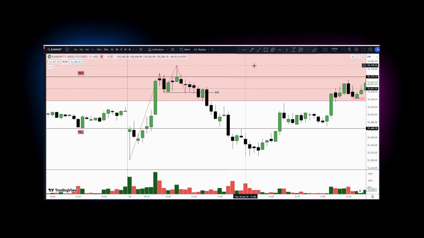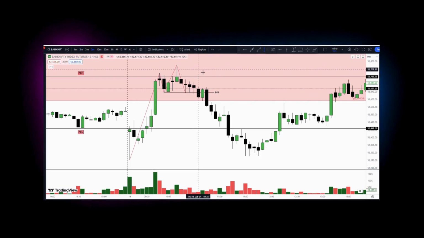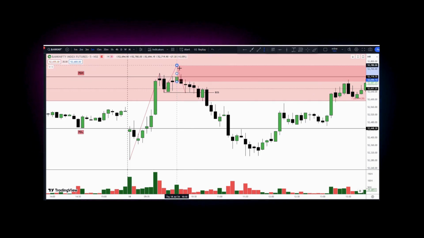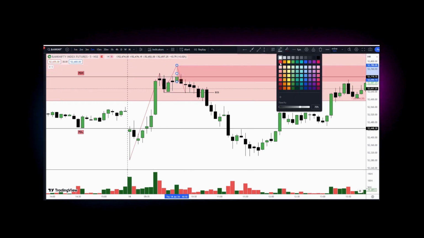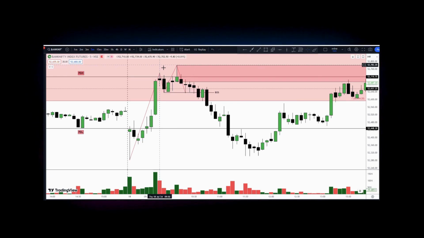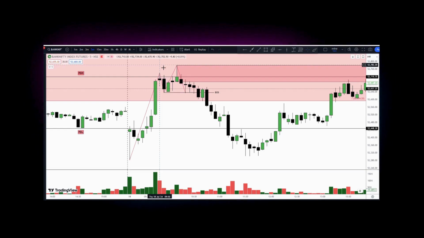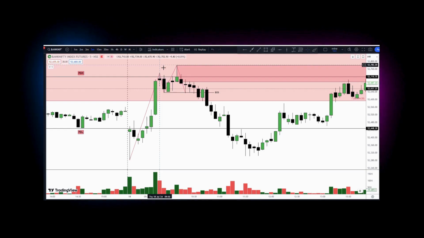When this happens, I need a zone from where I feel price will again go up to find rejection and fall from there. Basically, a location where sellers are sitting.